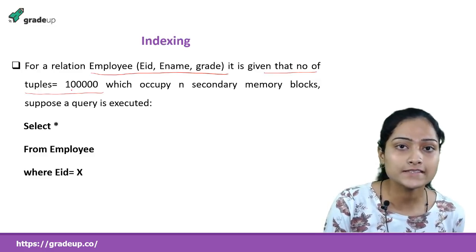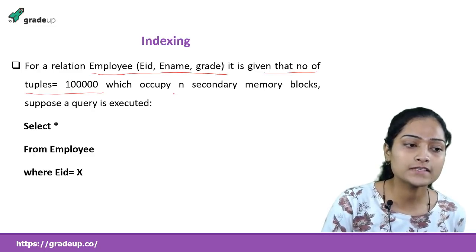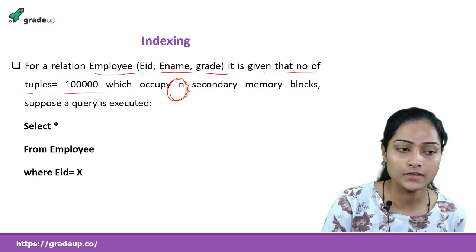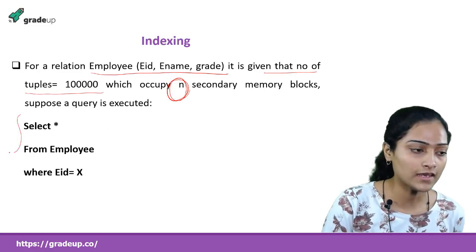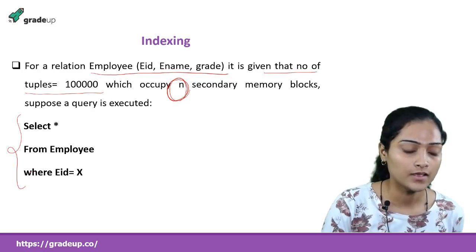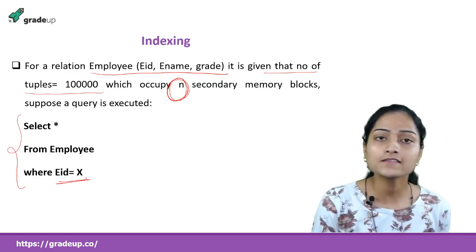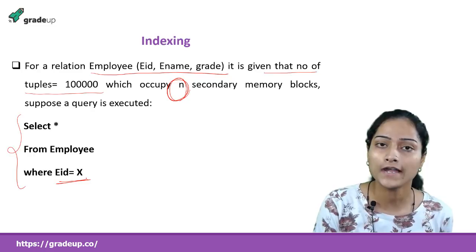Then the size of this table is quite large. Suppose this table is occupying n secondary memory blocks. Then you want to execute a query on the given table: select star from employees where EID is equal to X. That is, you want to select the details of the employee with employee ID X.